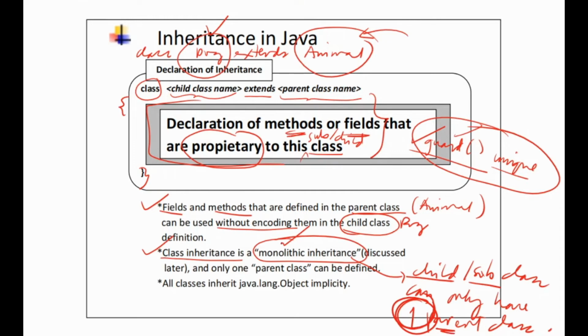That is the meaning of monolithic inheritance. Mono means one. The child or subclass inherits from only one parent class, not two or more. Only one parent class can be defined, and all classes inherit those from java.lang.